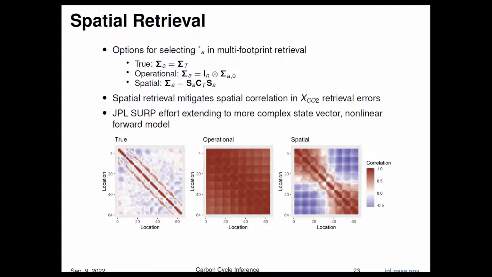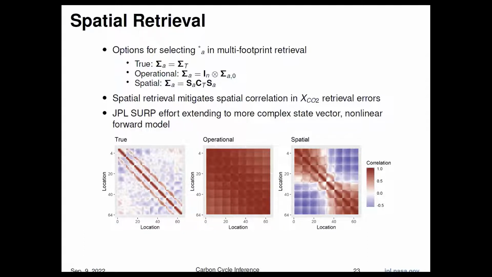So on the bottom, we're looking at the resulting collection of retrievals under these different approaches. What we're looking at is the correlation matrix of retrieval errors of XCO2 under those different approaches. The row and column indexing of the matrices here are just those sets of locations that we were looking at.